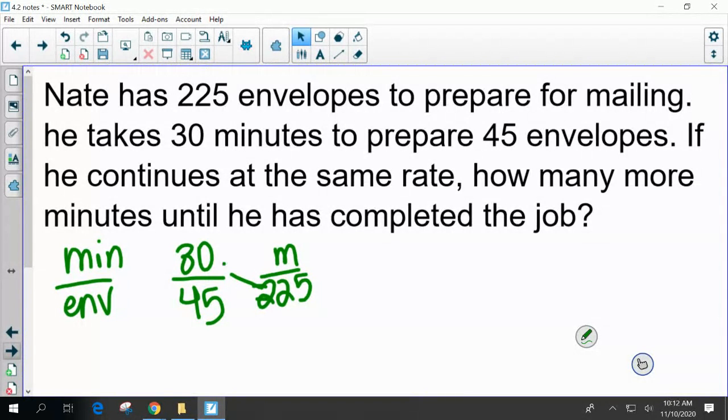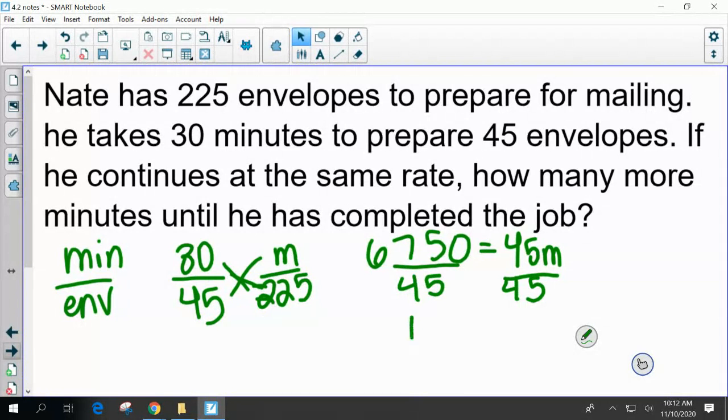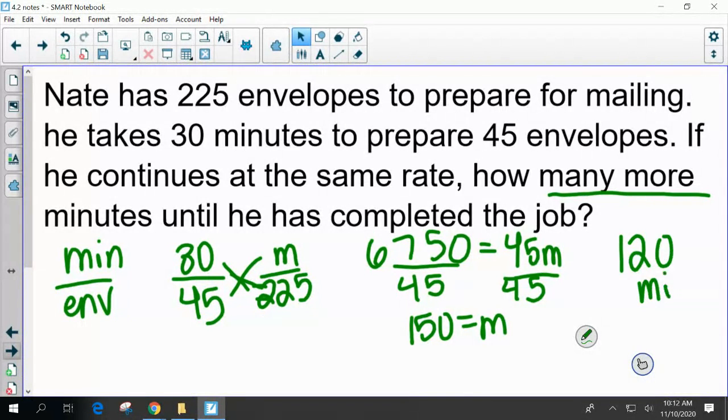So 30 times 225 and get 6,750 equals 45M. So then divide by 45. So 150 equals M. So we're kind of in the same position that we were last time where it says how many more. So you've already spent 30 minutes doing it. How many more are you going to spend? So really your answer is 120 minutes.